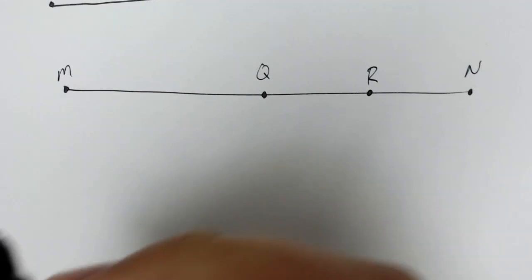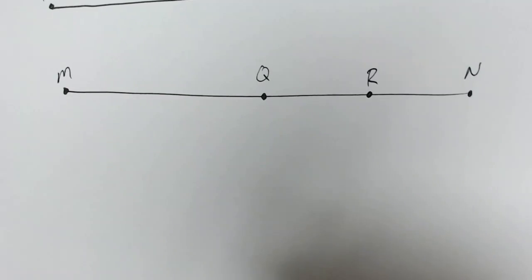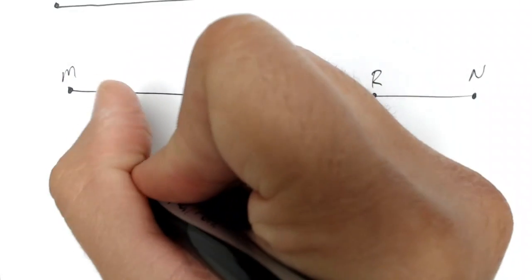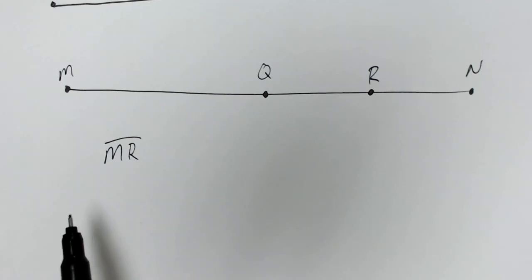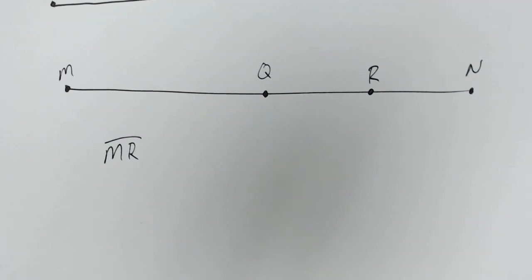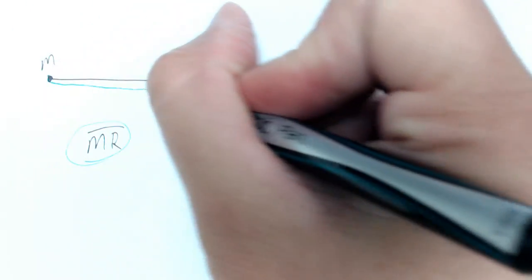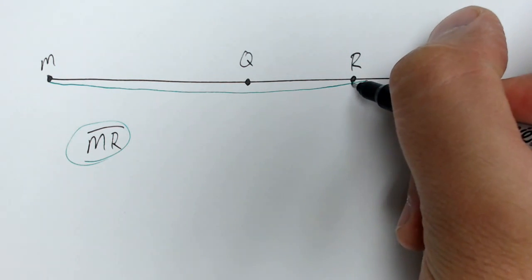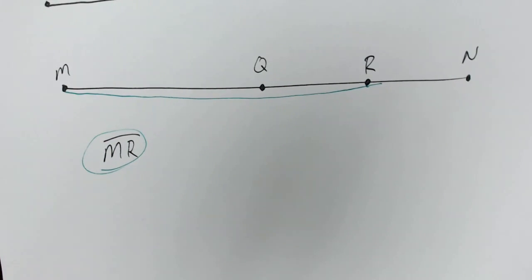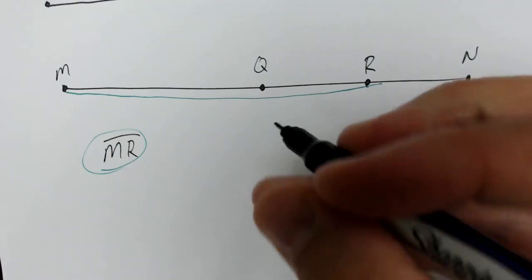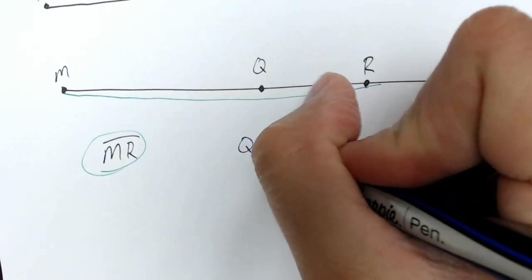The way your textbook is going to distinguish lines is it's going to use capital letters. If I said MR and then I put a line over the top, they're talking about line segment MR. Line segment MR would go from here all the way to R. So it goes from the letters that it's talking about. What if we did line segment QR?